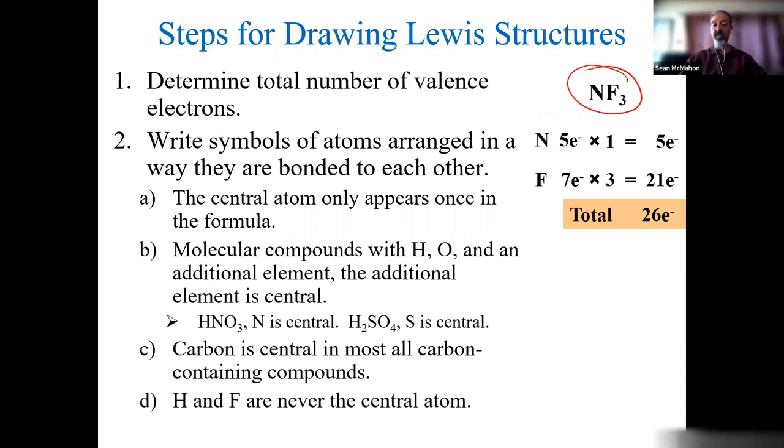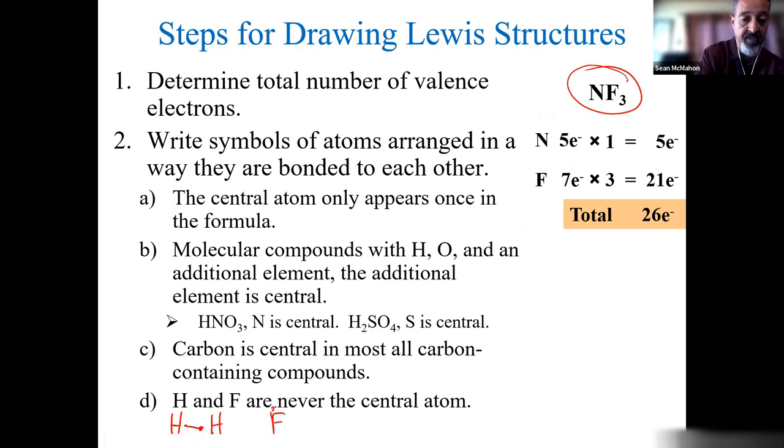If I have hydrogen and fluorine, those are always exterior atoms. Why? They like to form one bond. Hydrogen never exceeds a duet, because it's in the first energy level. So it has one lone valence electron, and it will form one bond, typically with something like another hydrogen.